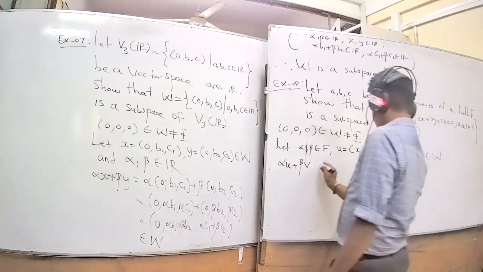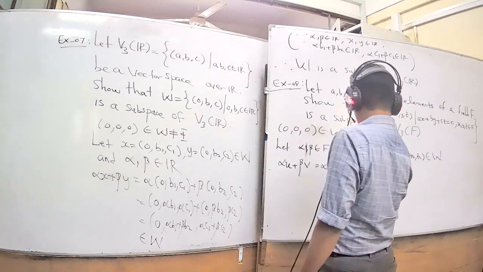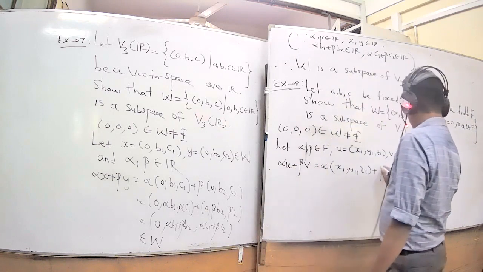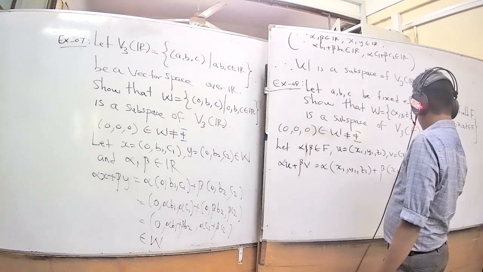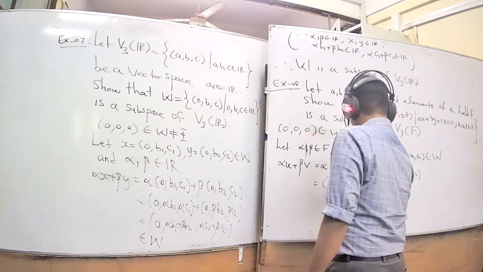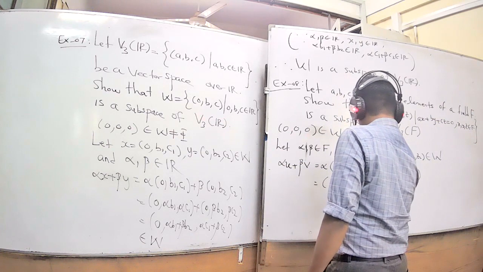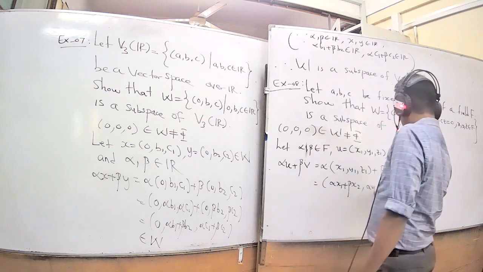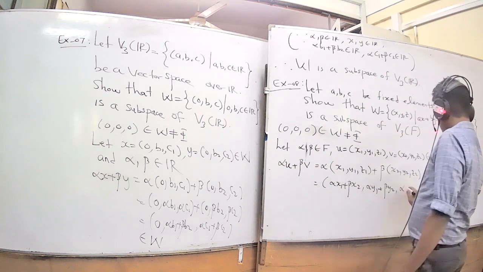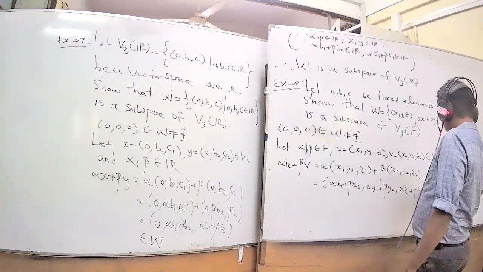So alpha times u is alpha x1, alpha y1, alpha z1, and beta times v is beta x2, beta y2, beta z2. Adding, we get (alpha x1 + beta x2, alpha y1 + beta y2, alpha z1 + beta z2).